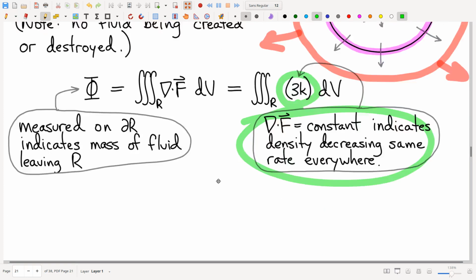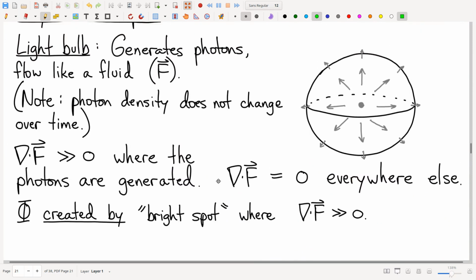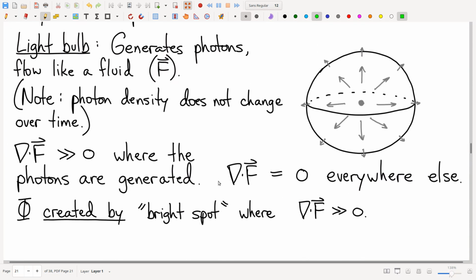Now I have a supplemental. I'm not going to have any test questions on this, but I think this is a nice way to unify the two examples that we've just seen. I'll point out in this first example, we are creating photons. That's what light bulbs do.